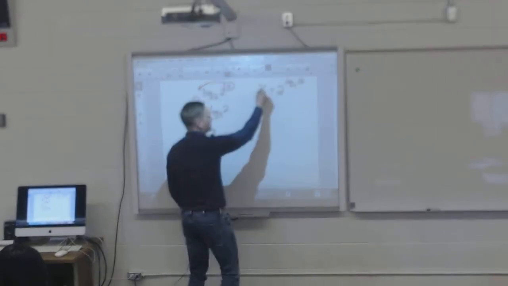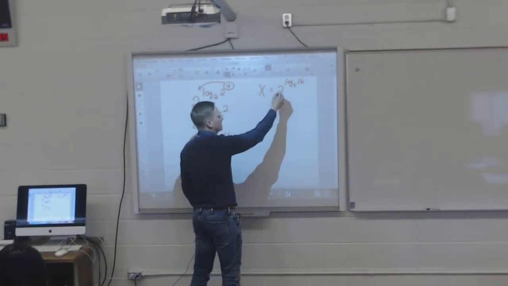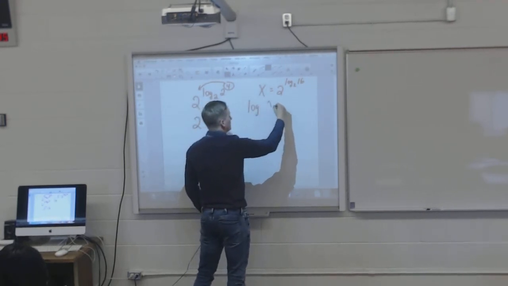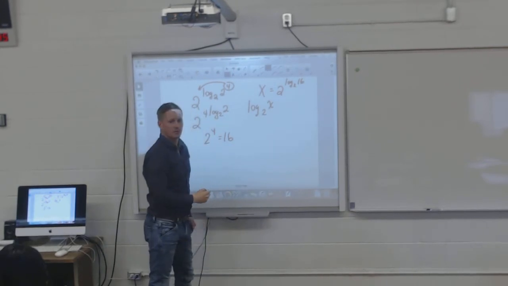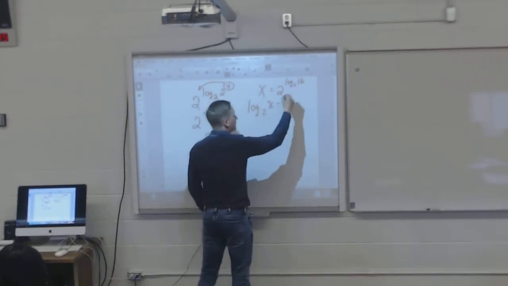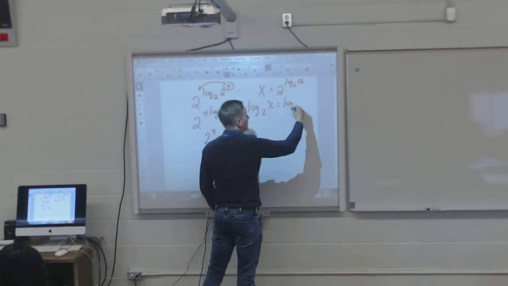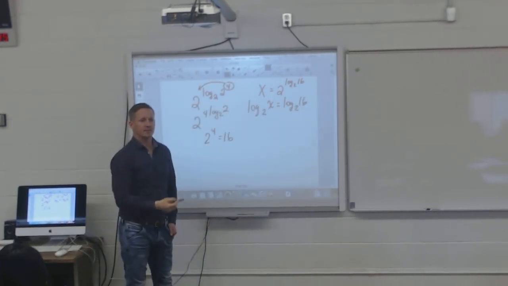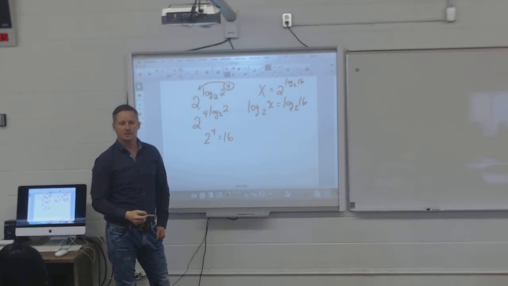So to do that, I have to take the log of this side to that base, right? So the log of x to the base 2 is equal to my exponent, which is log of 16 to the base 2. What does x have to equal if both sides are equal? 16. I like what you did.